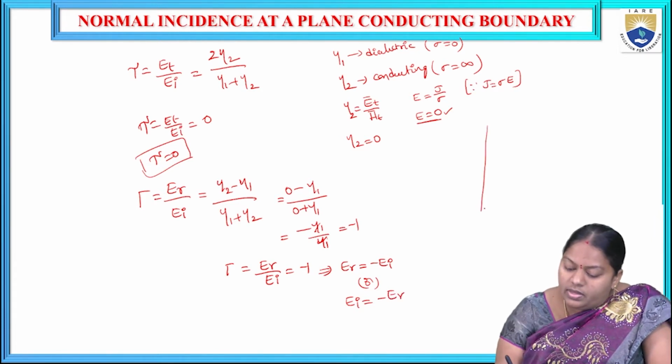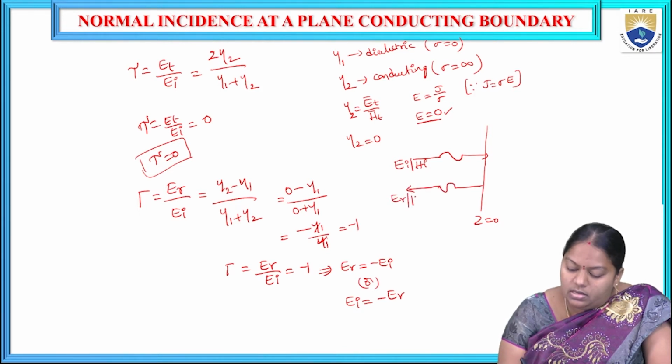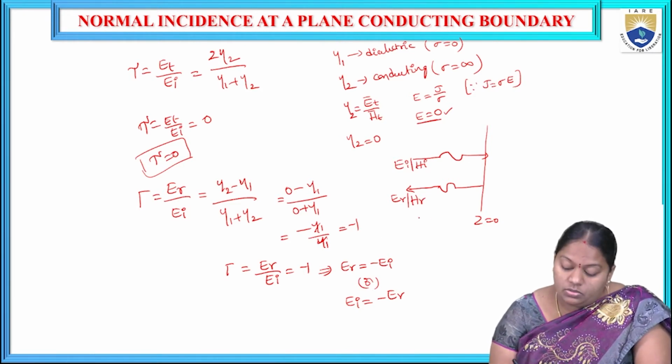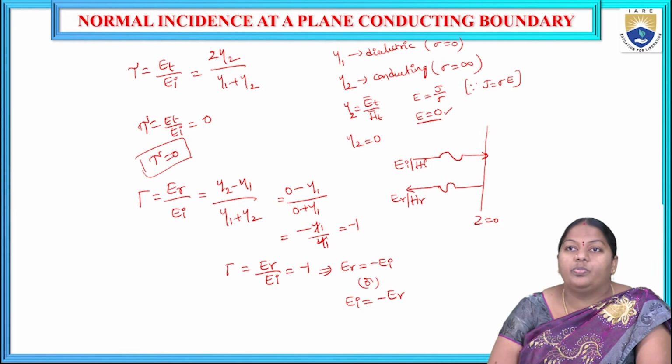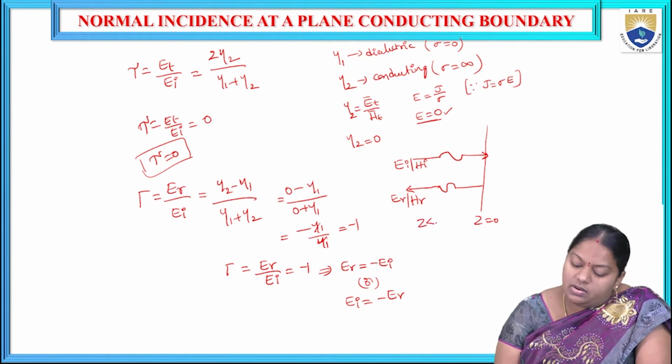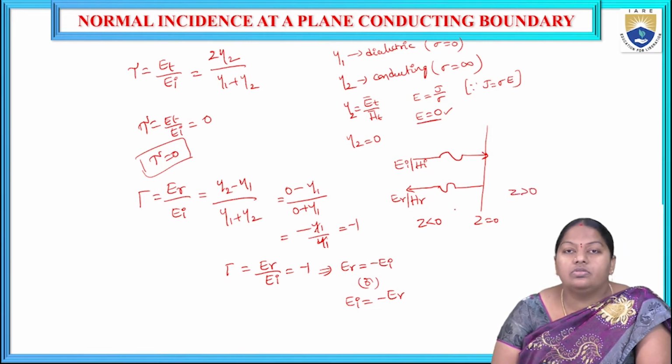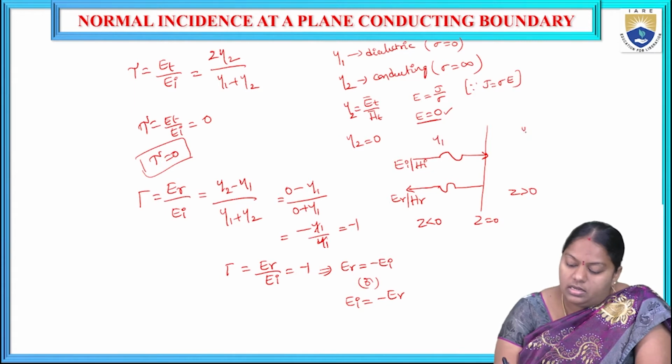So from this we can say that at Z equal to 0 the interface exists, and when the incident wave, EI or HI, touches the boundary, the total wave will be reflected back to the same medium. The notations are ER or HR. Okay. Then, if you observe, the directions of these two are opposite. At Z equal to 0, we have two traveling waves, and for Z greater than 0, there is no transmitted wave. Here it is eta 1 and here it is eta 2.